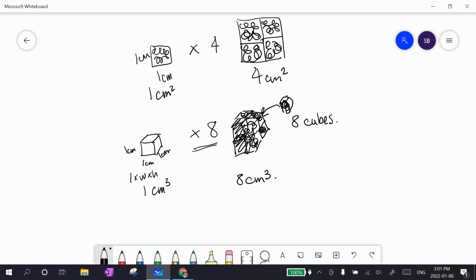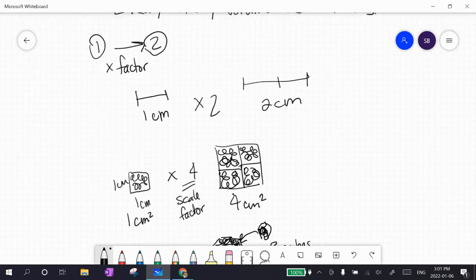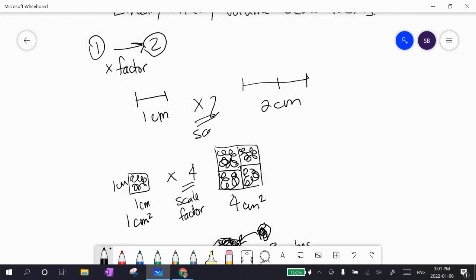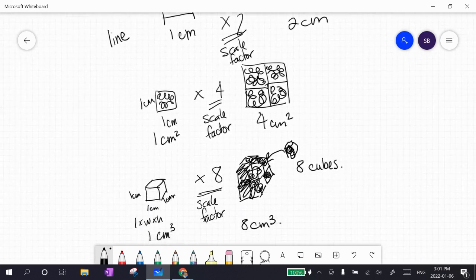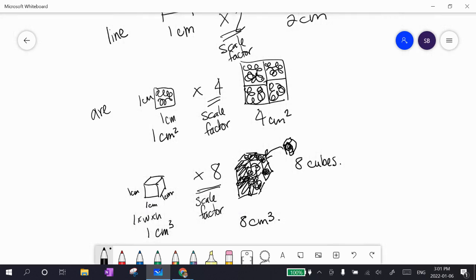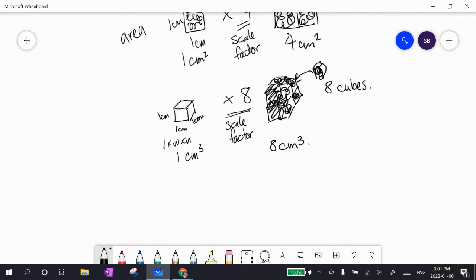This is simply a scale factor. If I'm talking about a line, it's a linear scale factor. If I'm talking about the area, it's an area scale factor. If I'm talking about the volume, then it's a volume scale factor.